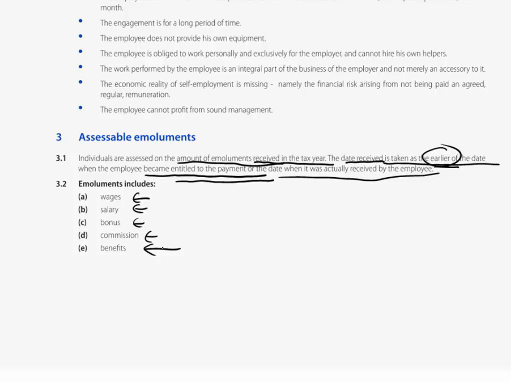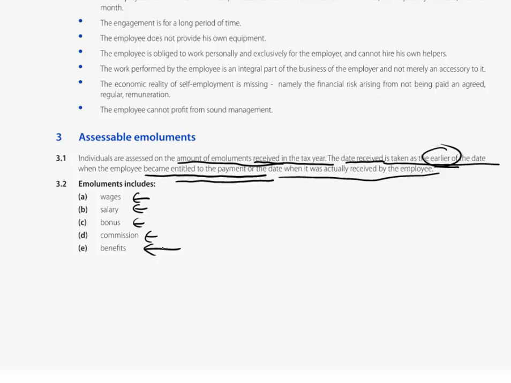The vast majority of the substantive benefits that may be provided to you, like the ones I've just mentioned, the company car, the fuel for the car, living accommodation, other assets like furniture and furnishings made available for private use, all of these are assessable benefits.